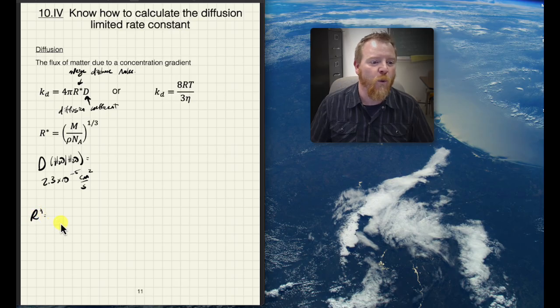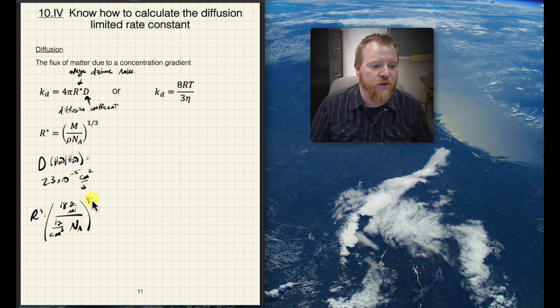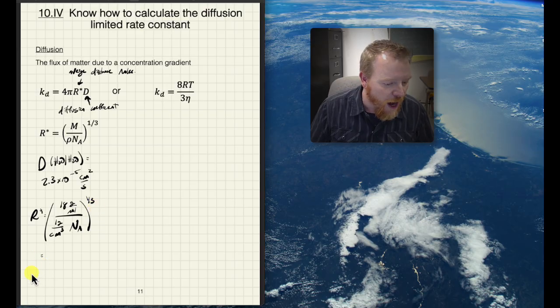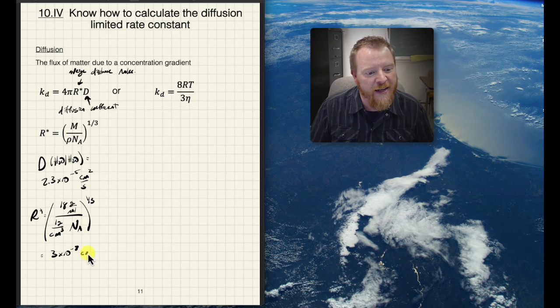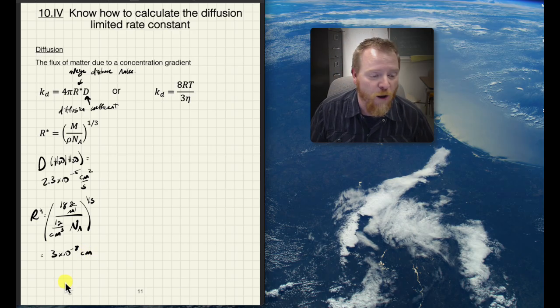So again, for water, we'll use 18 grams per mole as the molar mass. We can use a density of 1 gram per cubic centimeter. And then using Avogadro's number, I'm just going to write Na for Avogadro's number, and taking that all to the 1/3 power, we get about 3 times 10 to the minus 8 centimeters as the average distance between water molecules.